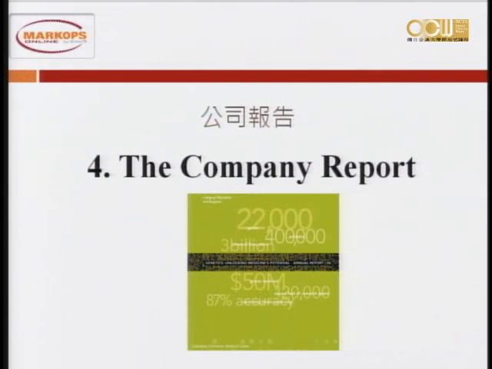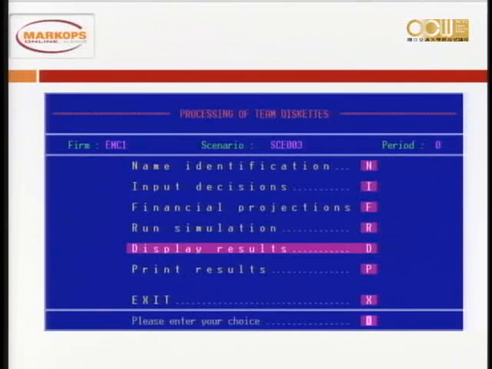This is the company report. When you enter the system, I will show that later. That's a display result. If you start from the beginning, this will be the wizard somewhere here. Later on, this will be changed to GMBA.